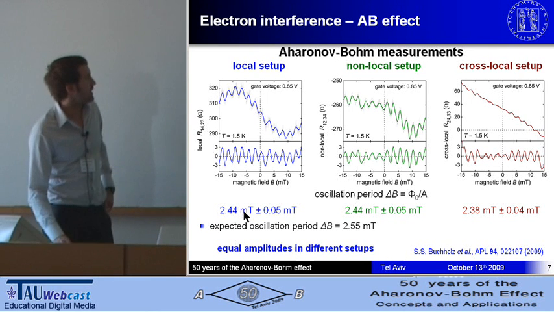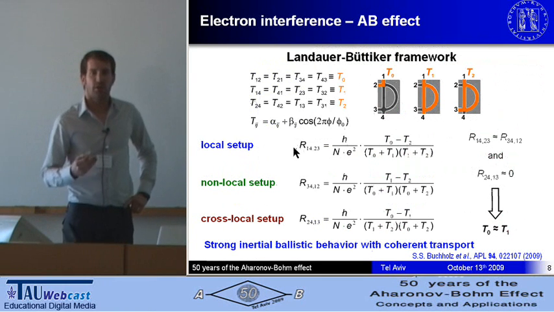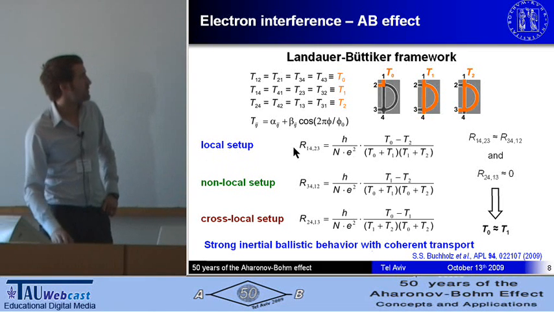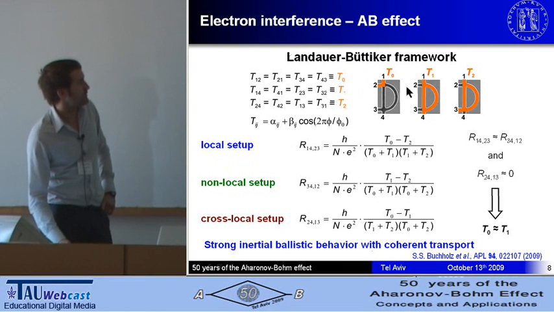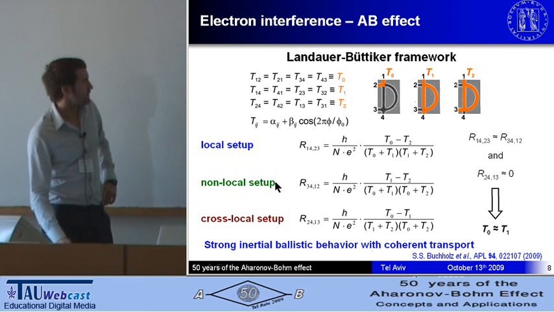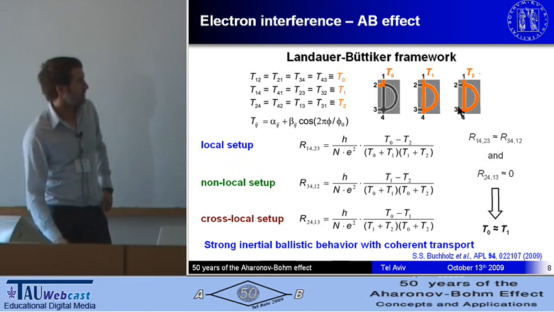And we do find some other aspects, and I don't want to go into detail. I just want to mention that we can explain these findings in a very simple approach, the Landauer-Büttiker framework, for which we have to identify different transmission probabilities, and can write down the resistances as a function of these transmission probabilities, and there are some symmetries in the structure which help us to formulate this.